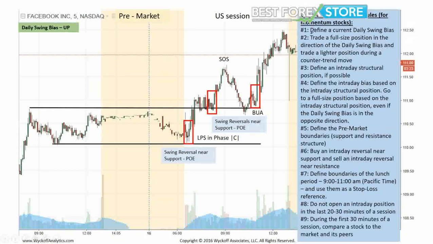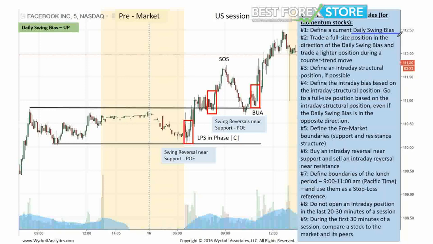Okay. First, define the daily swing bias. You want to know on any given day before you put on the intraday position, what is the higher time frame bias? And I'm putting here a daily swing bias, but if you're trading Forex, you might say, okay, what is the bias on like 4-hour charts?